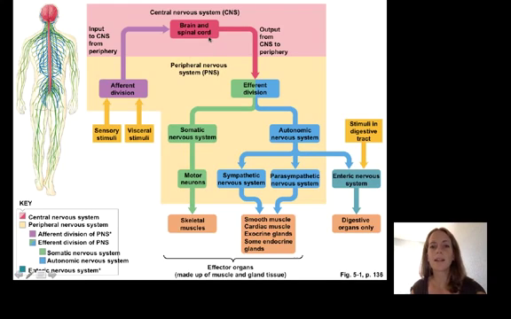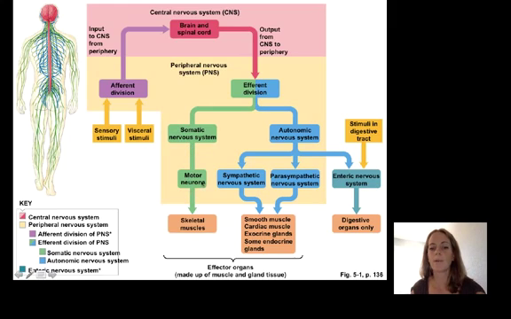And then if the brain and spinal cord decide to respond, then they will send out signals to the efferent division. And the efferent division we can divide up, whether it goes to the organs, that is the autonomic nervous system, or to the skeletal muscle. And the skeletal muscle will be somatic, or the body nervous system.